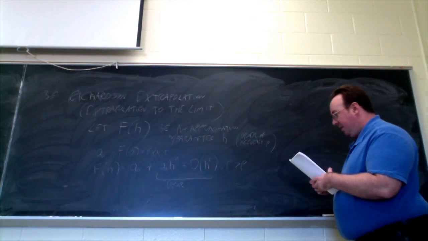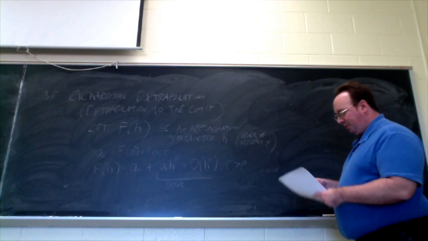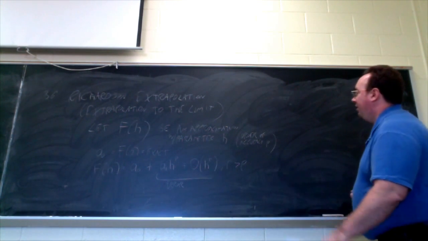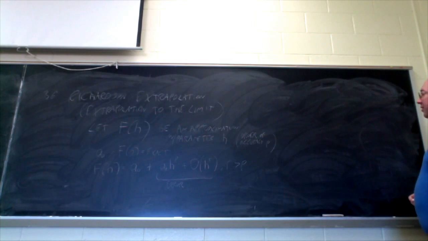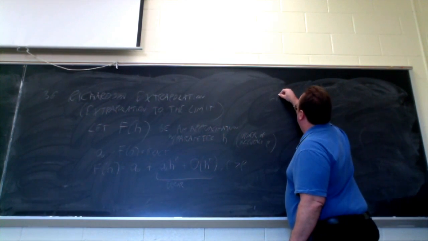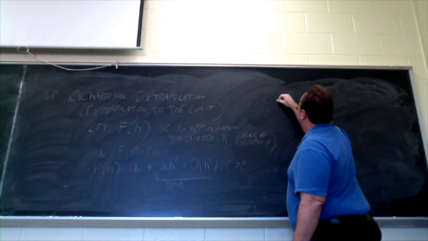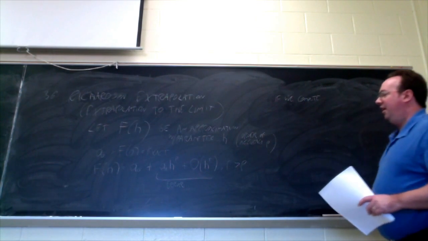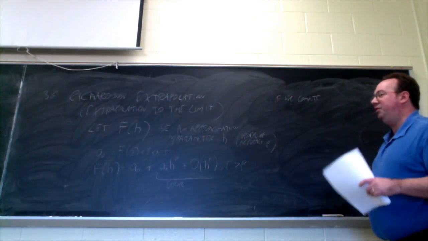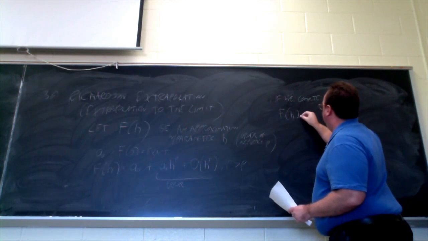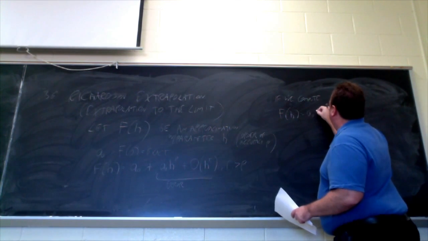Now, the idea behind Richardson extrapolation, and then I'll step through an example with it, is if we go ahead and compute two approximations of f of 0, using different spacings h. So I have f of h, which has this form.